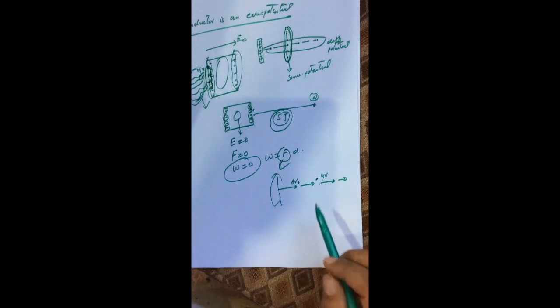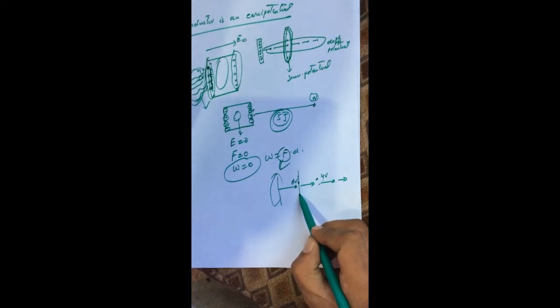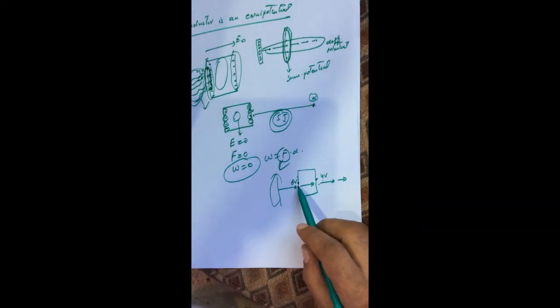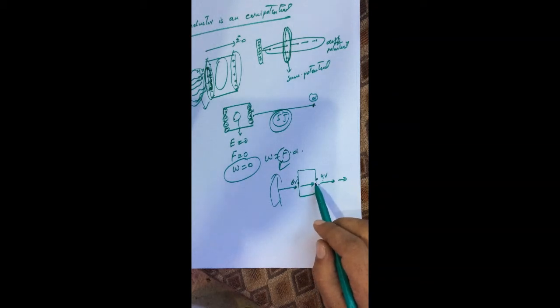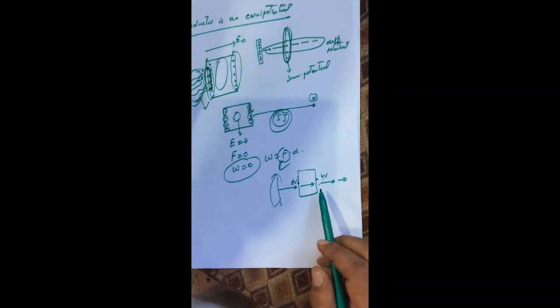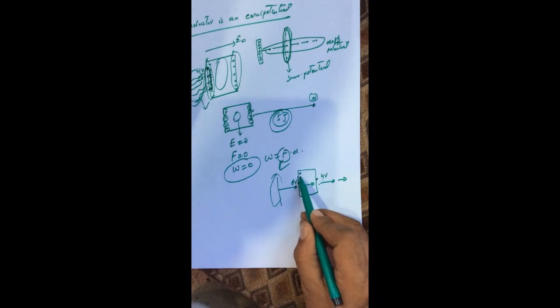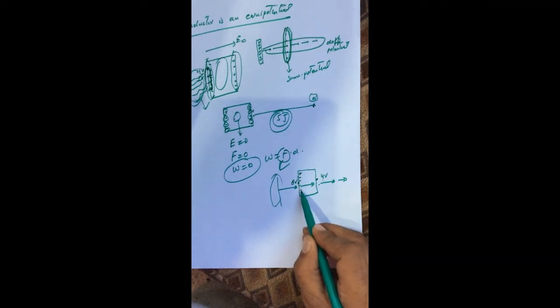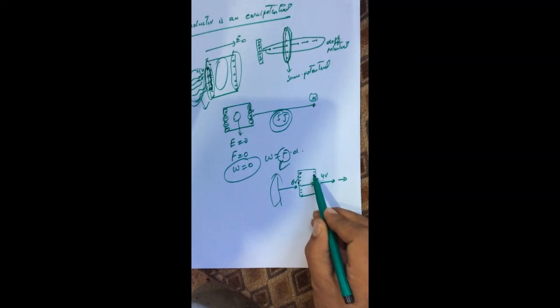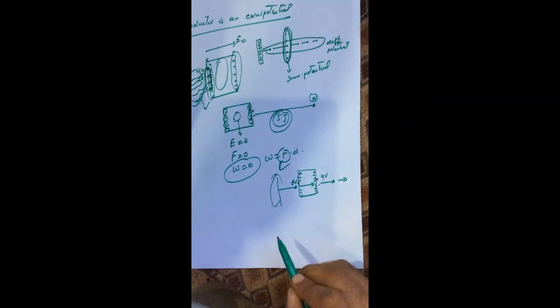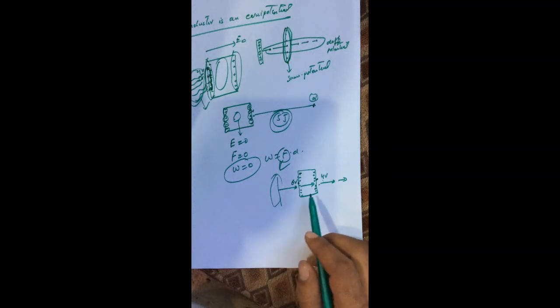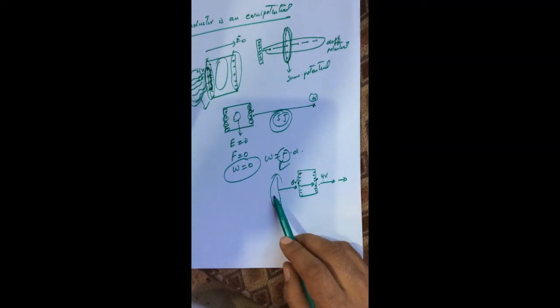Now let's suppose we place a conductor at these two points, such that one edge is at 6 volt and the other edge is at 4 volt. Once the conductor is placed, negative charge appears on the closer surface, and positive charges appear on the surface far from the source of the electric field.